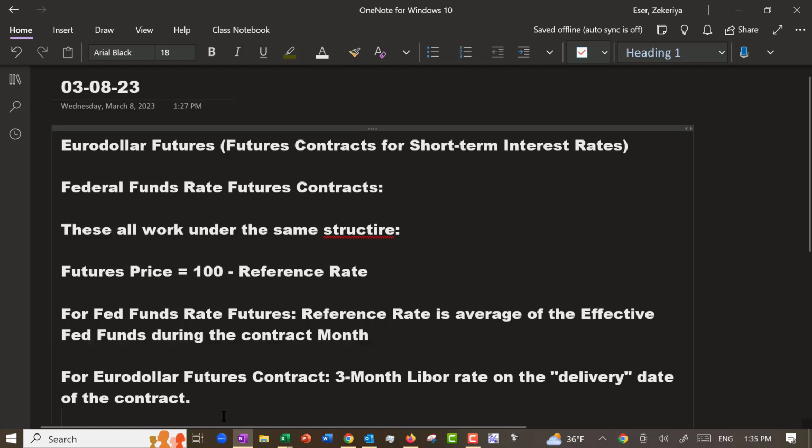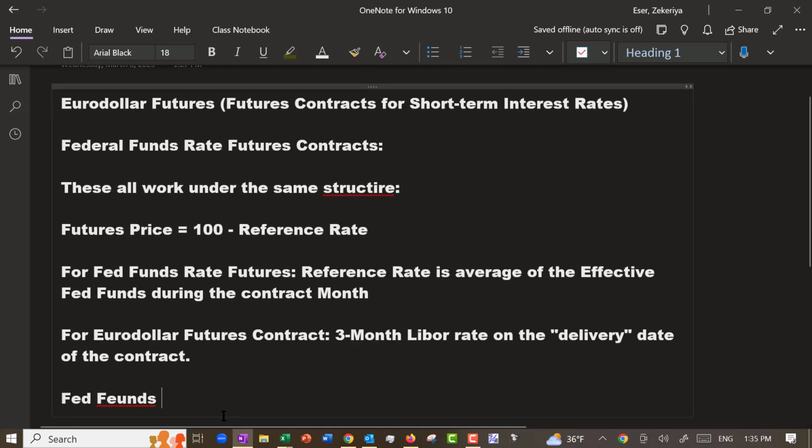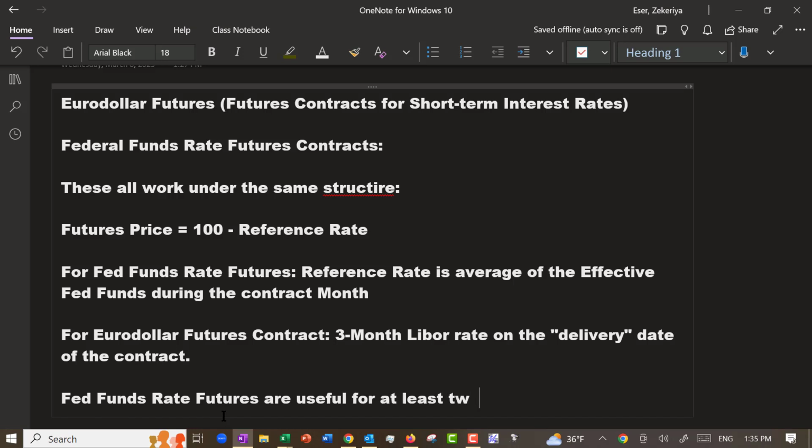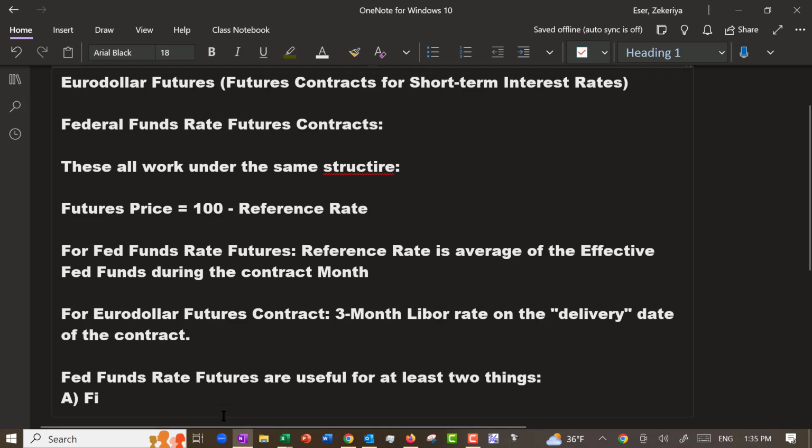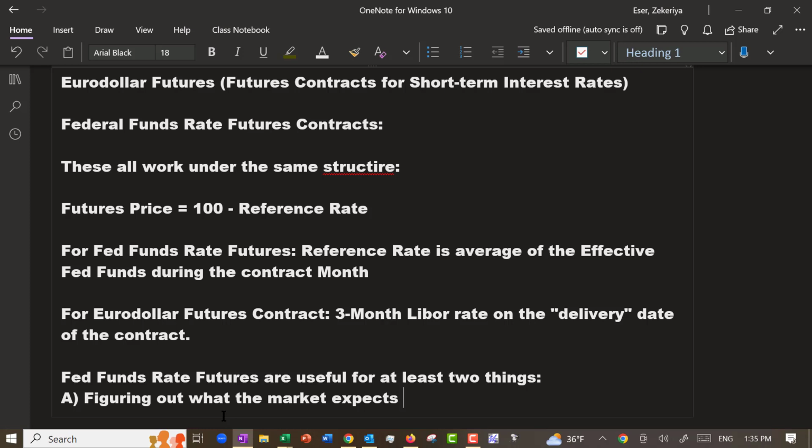Fed funds rate futures are useful for at least two things. A, figuring out what the market expects at the next FOMC meeting, which is March 22nd, if I'm not mistaken.